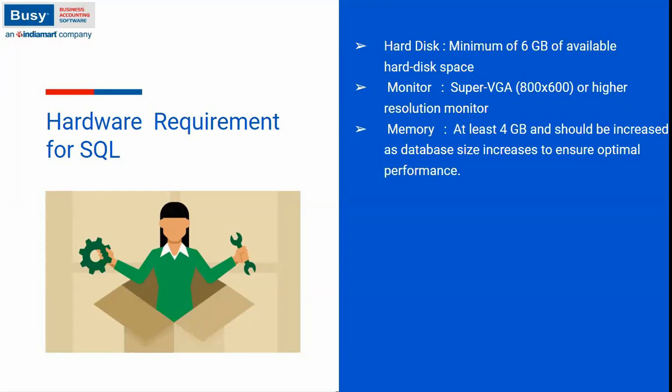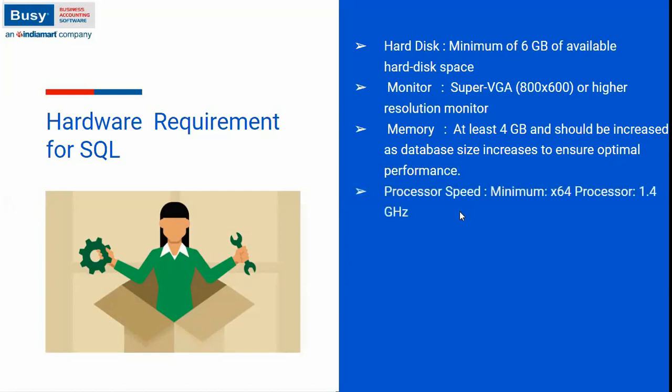That means minimum 4 GB of memory is needed in the system, but it is recommended that you increase it if the data size increases. Meaning if in your Busy the data size increases to more than 2 GB, 3 GB or 4 GB, then it's recommended to increase the memory of the system to more than 4 GB.